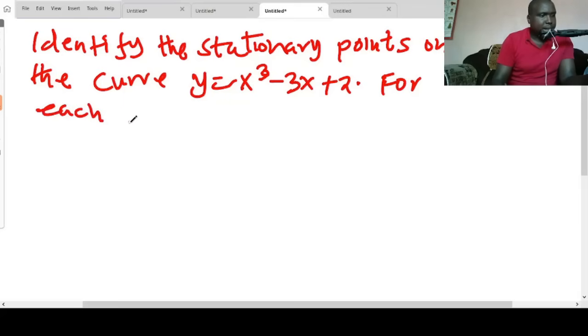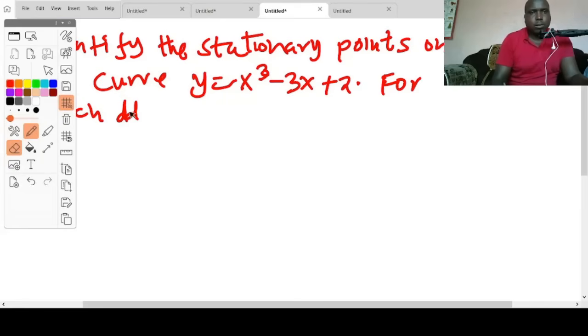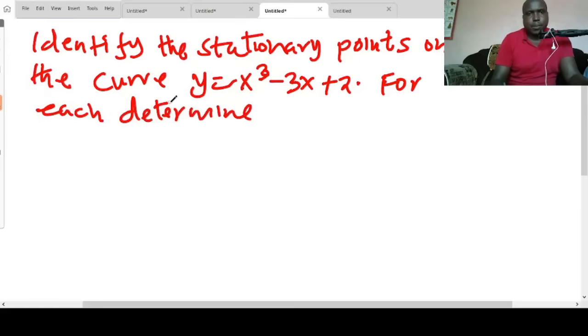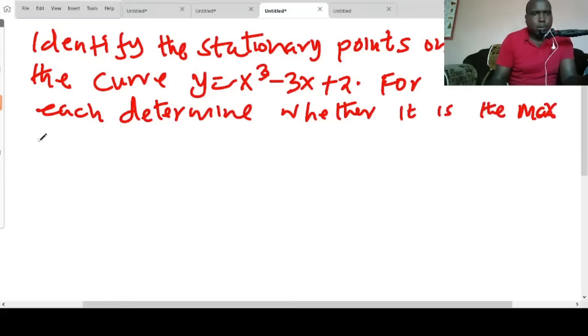For each, determine whether it is a maximum, minimum, or point of inflection.